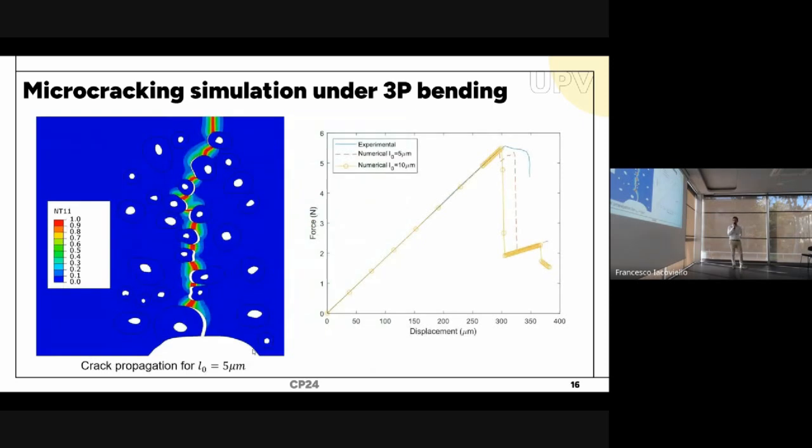Another thing we did was to carry out a parametric study of the length scale of phase field. What we saw was that the peak load was correctly predicted for both values that we tried, so there's no significant difference here in the peak load, but we see a sudden decrease in the force applied here.